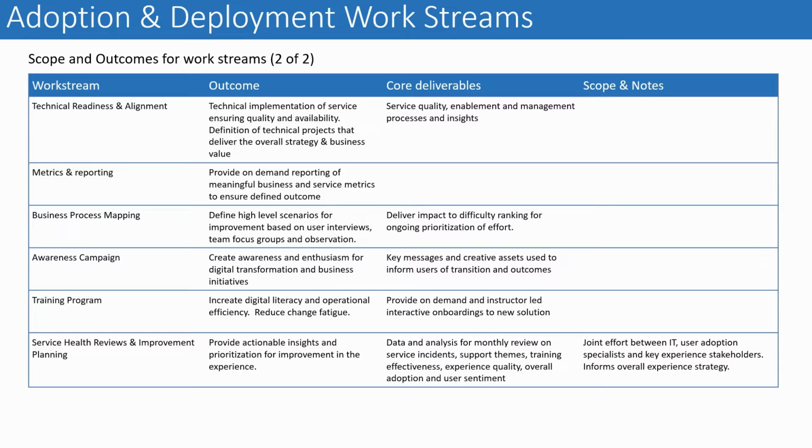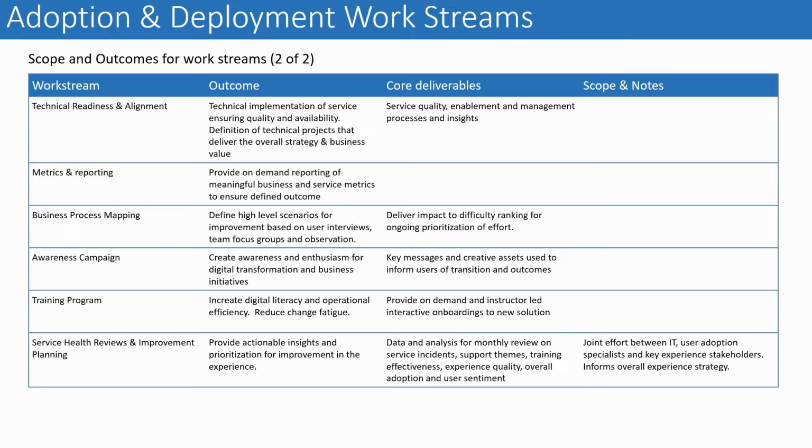Technical readiness and alignment. Again, we want to emphasize that technical readiness happens simultaneously to end user adoption planning. They are two sides of the same coin of delivering a great employee experience.